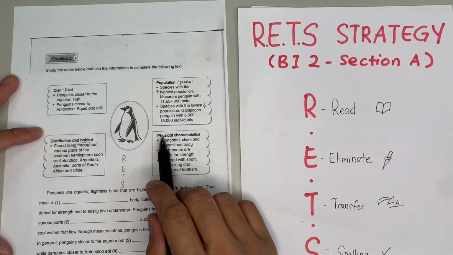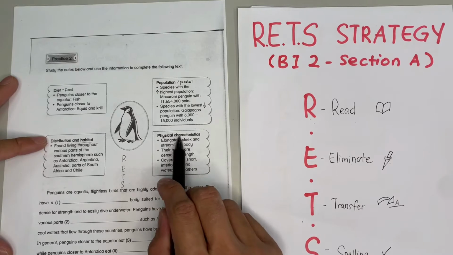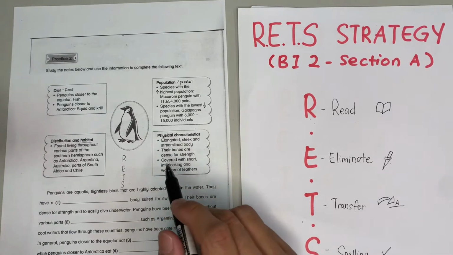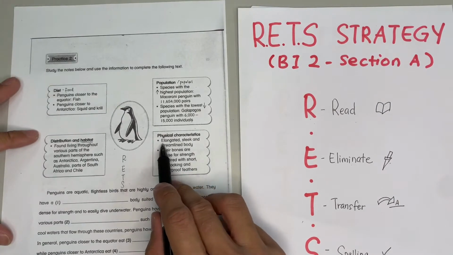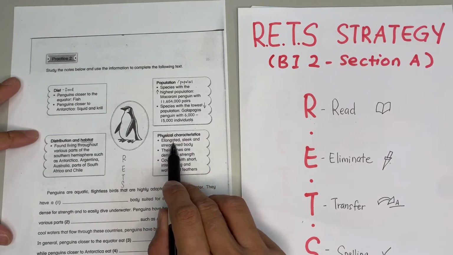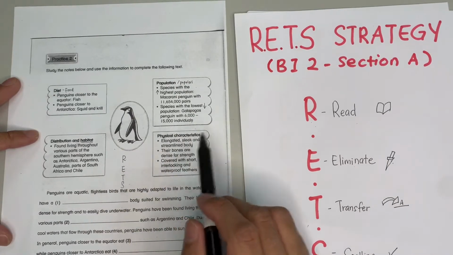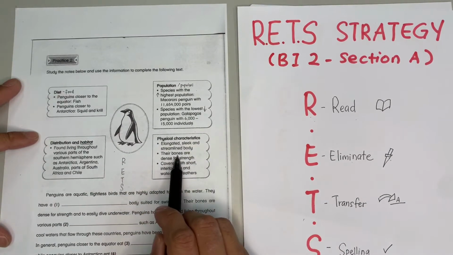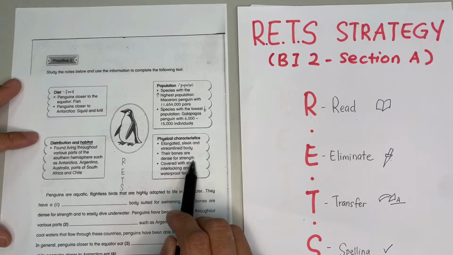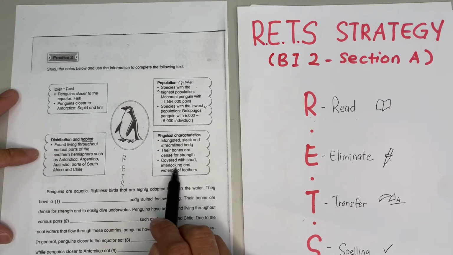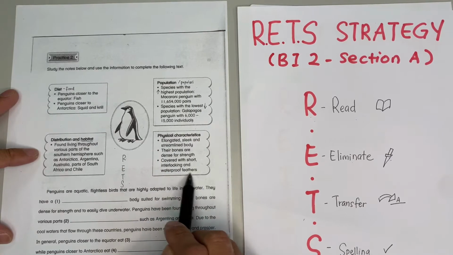Final box, box number 4, physical characteristics. Okay, watak, physical, ciri-ciri, physical. Okay, next. First point is elongated, sleek and streamlined body. Talking about the body of the penguin. Their bones are dense for strength. And final point, covered with short, interlocking and waterproof feathers.